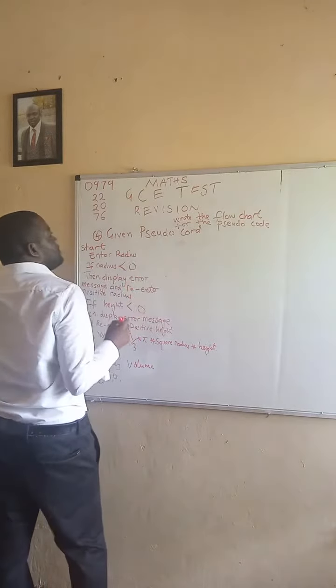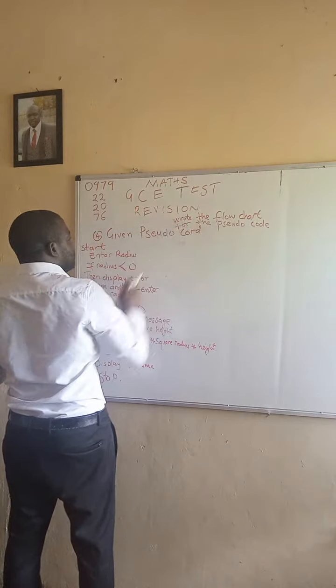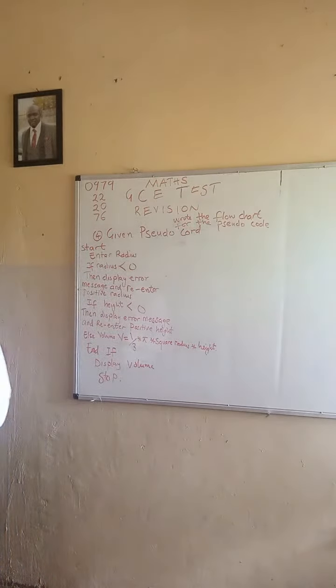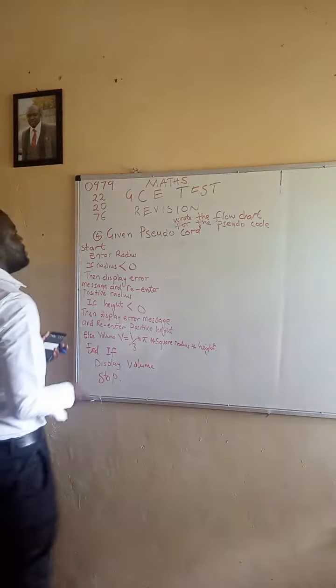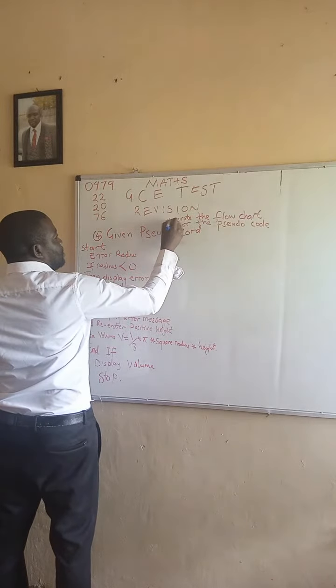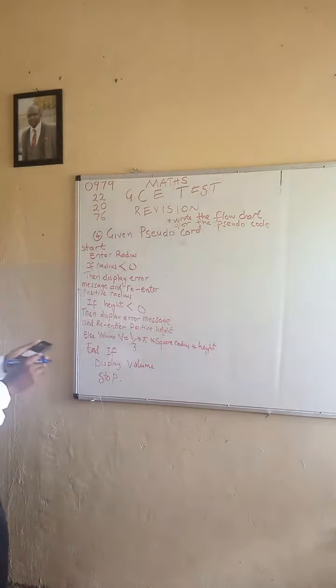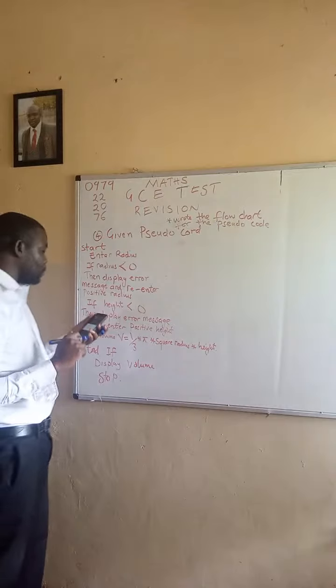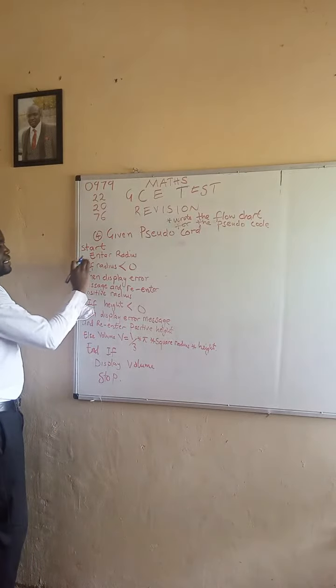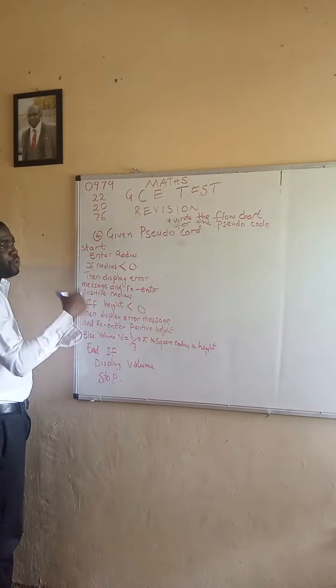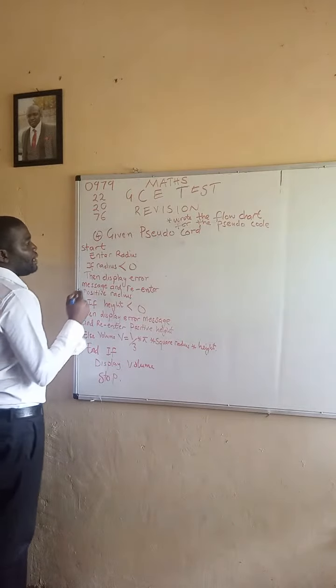Okay? This is a question. Pay attention as I'm explaining. You write the flowchart for this specific pseudocode. What do we do? So it means this set of instructions, you put them in the flowchart.